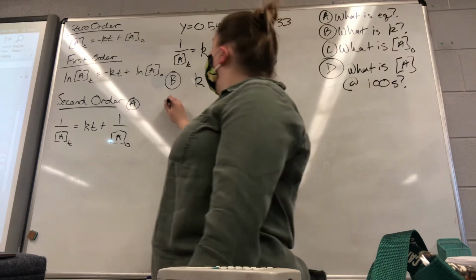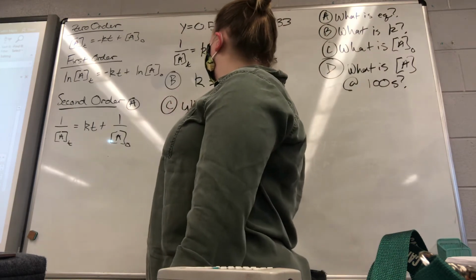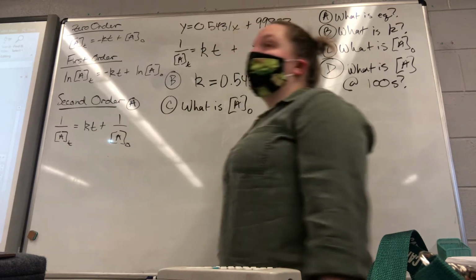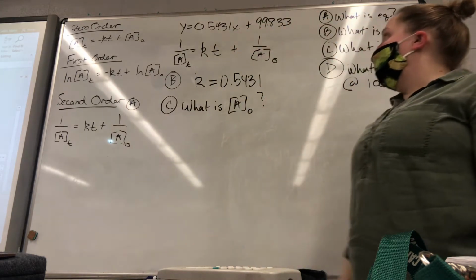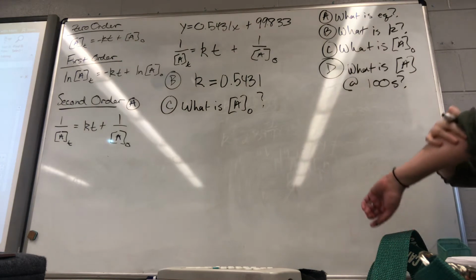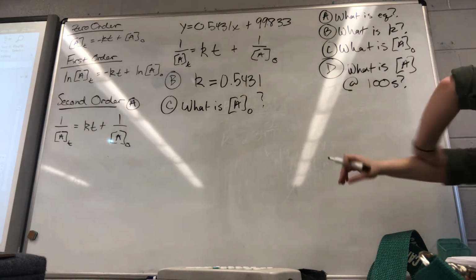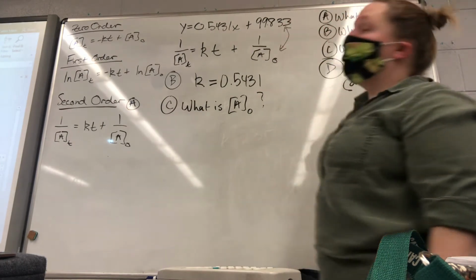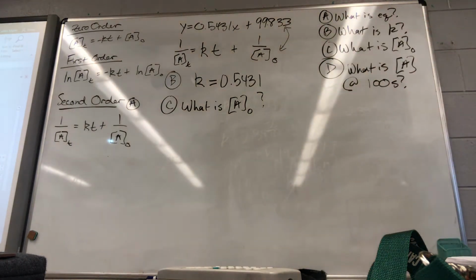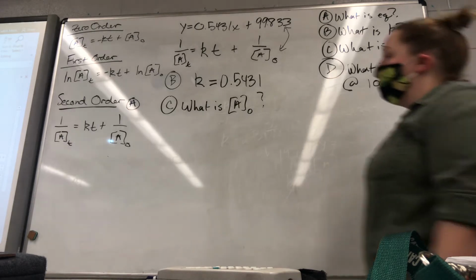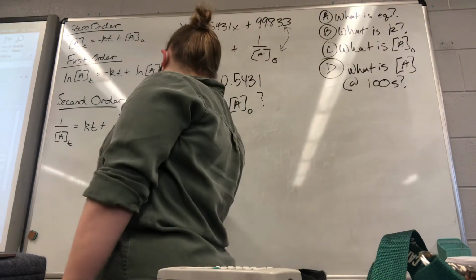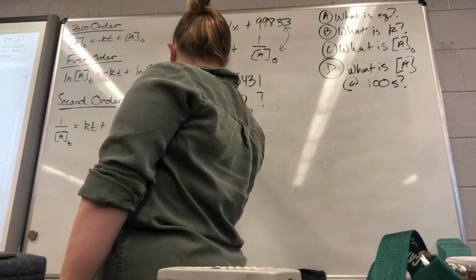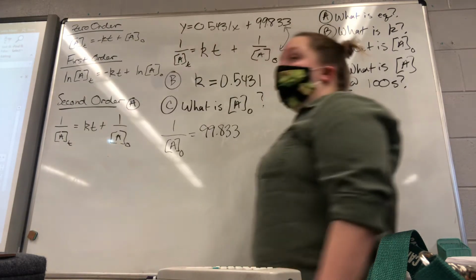Part C says, what is initial A? So how do I do that? Do you remember from previous? I'm going to set these two equal to each other. The y-intercept and 1 over A naught. Am I done?